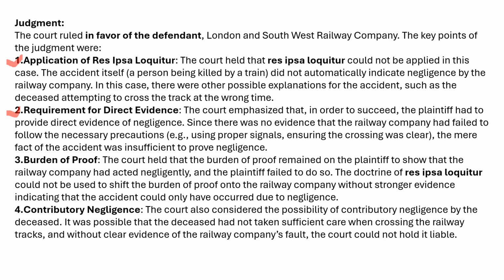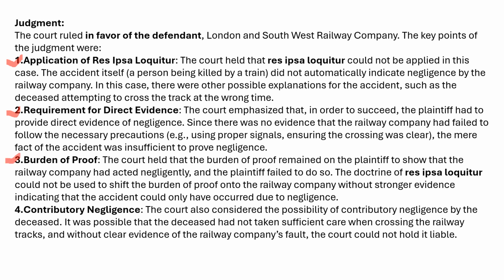The court emphasized that in order to succeed, the plaintiff had to provide direct evidence of negligence. Since there was no evidence that the railway company had failed to follow the necessary precautions, like using proper signals or ensuring the crossing was clear, the mere fact of the accident was insufficient to prove negligence. Burden of proof.